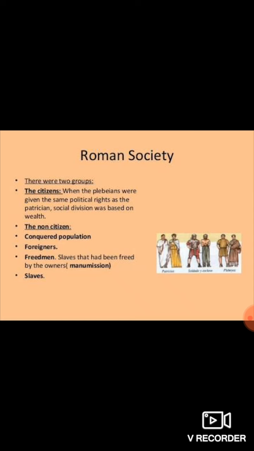Social division was largely based on wealth. In the category of non-citizens came the conquered population, foreigners, freedmen and slaves. Freedmen here were the slaves that had been freed by their owners.